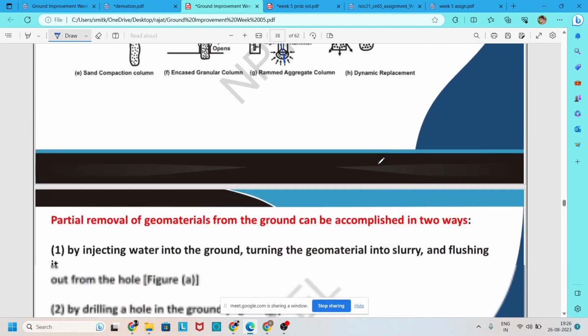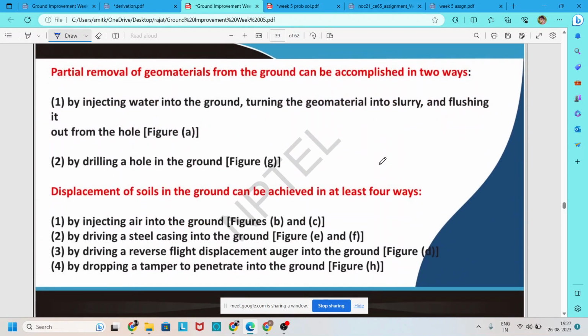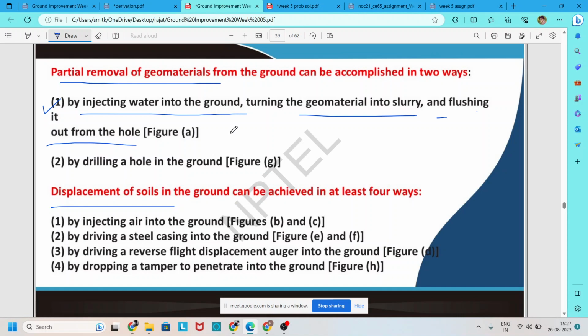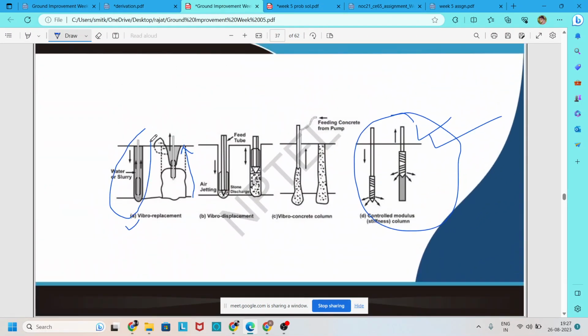So we now discuss one by one the different types of this technique. As already discussed, one is the partial removal technique, and another is the displacement technique. In the partial removal technique, it comes under injecting water into the ground and turning the ground into slurry and flushing it, and a hole is created in figure A. That means the first one comes under partial removal.